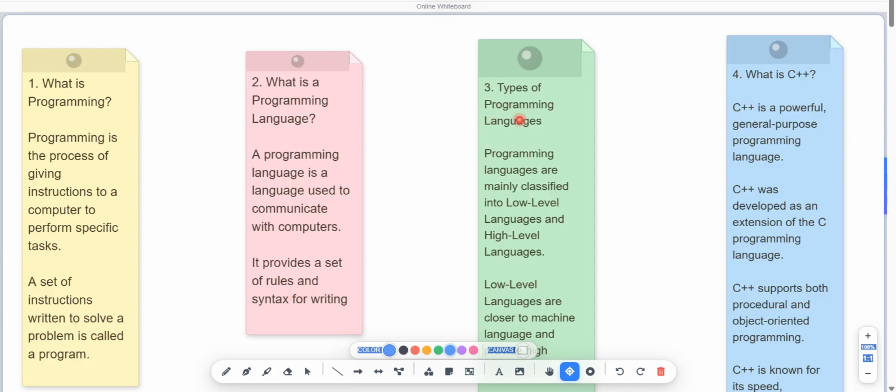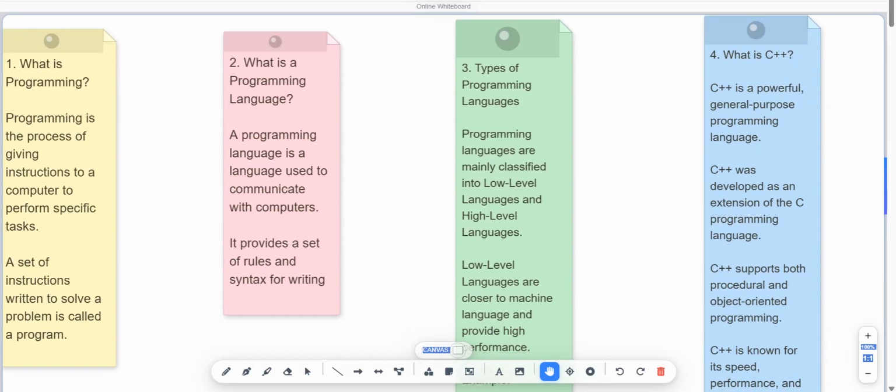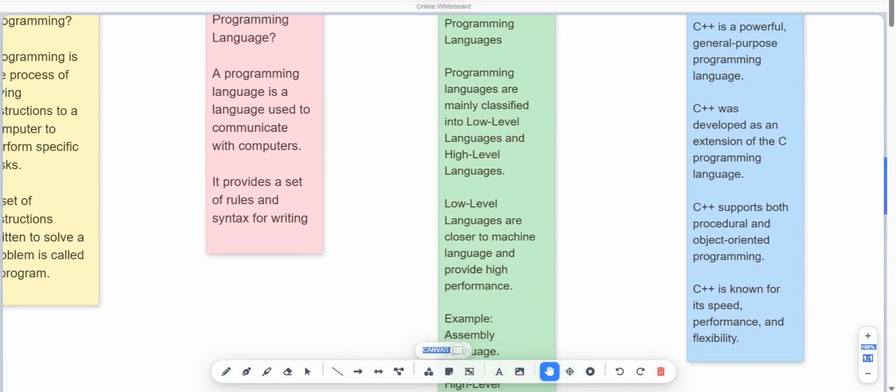Next, coming to the types of programming languages. Programming languages are mainly classified into lower level language and higher level language. Lower level languages are closer to the machine language and provide high performance.